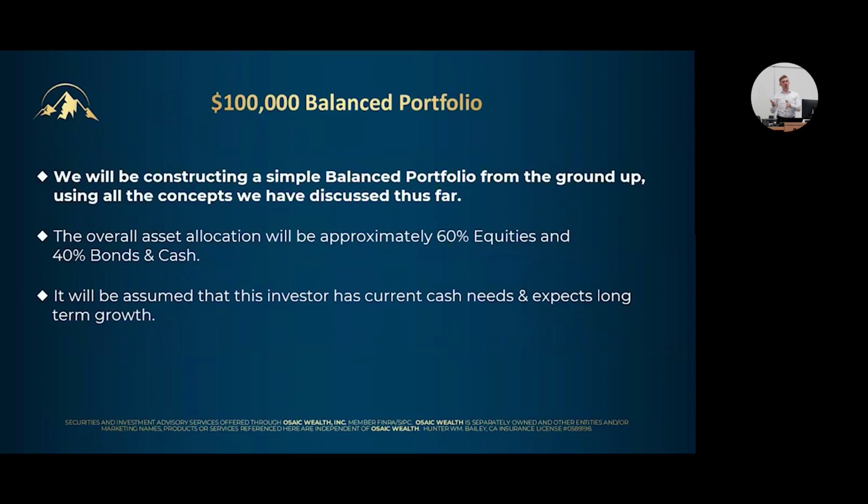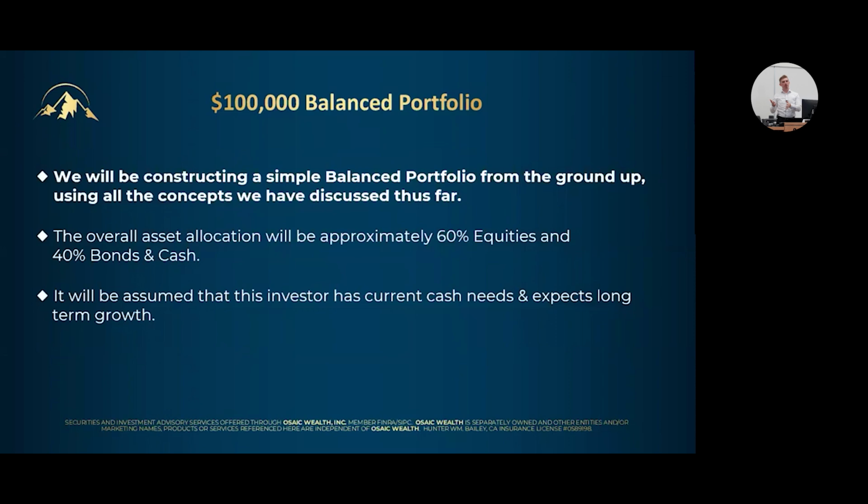The dollar amount doesn't really matter, but this is our balanced portfolio. We're constructing a simple balanced portfolio from the ground up using everything that we talked about. It'll be roughly 60% equities, 40% bonds. When I ran the report, it was closer to 55-45, but anywhere in that 50-50 to 60-40 range is where I'm expecting to land with a balanced portfolio.